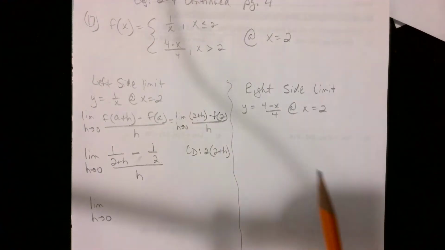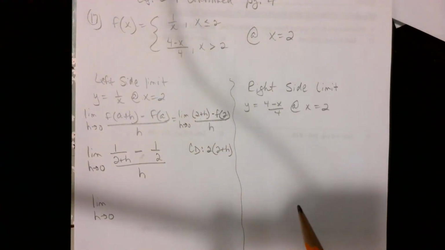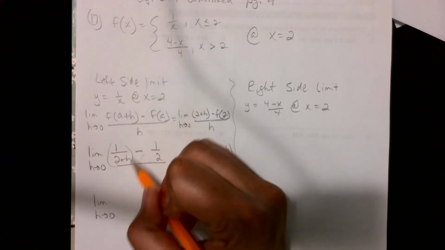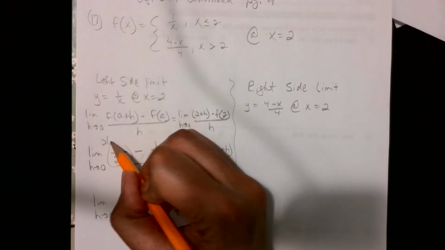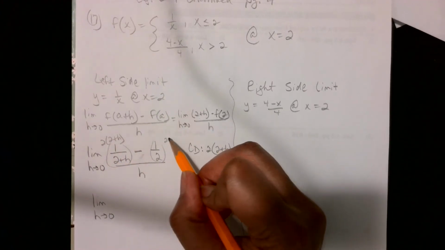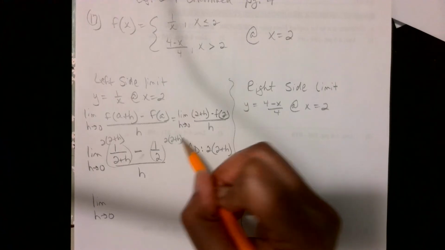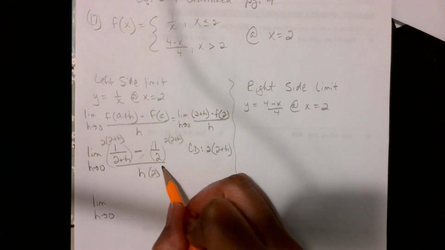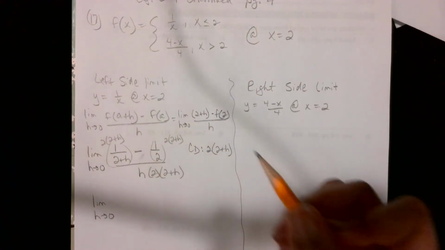Again, don't multiply it together. It does you no good to do that. So leave it separate so you know what to cross out. So this is 2 times 2 plus h. This is 2 times 2 plus h. And then this would be 2 times 2 plus h.